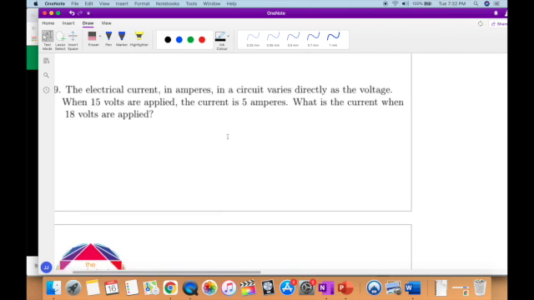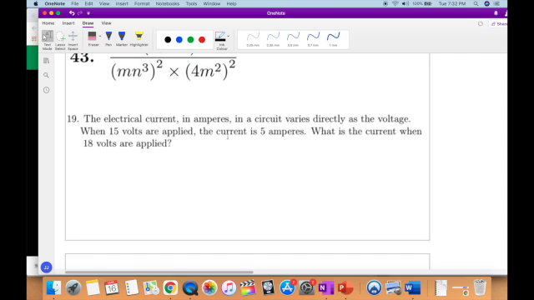So the electric current, let me call that in amps, we could call it anything we want, let me call it C. C for current, right? In a circuit varies directly. These two words here are what tell me what topic I'm dealing with.